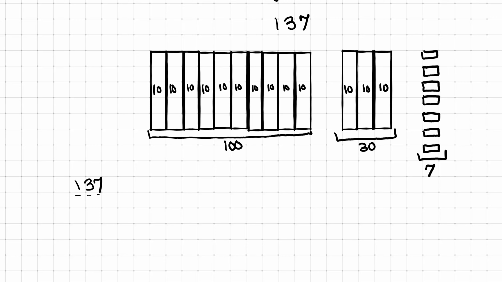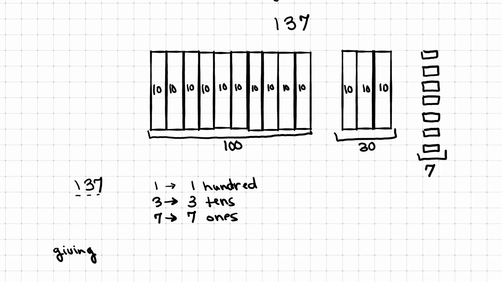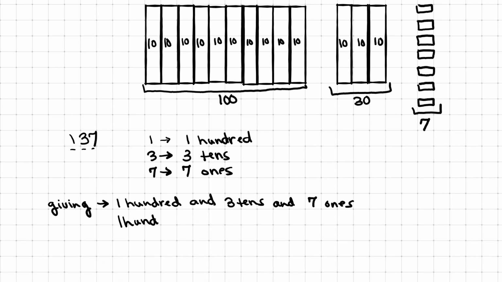So in the number 137, 1 stands for 100s, or 100, since it's singular. 3 stands for 3 tens, and 7 stands for 7 ones, giving us the number word 100 and 3 tens and 7 ones, which of course we know we can write or say as 137.